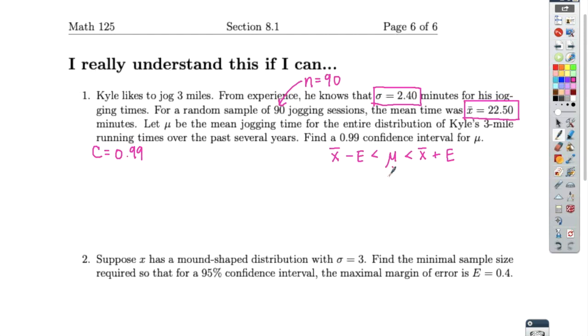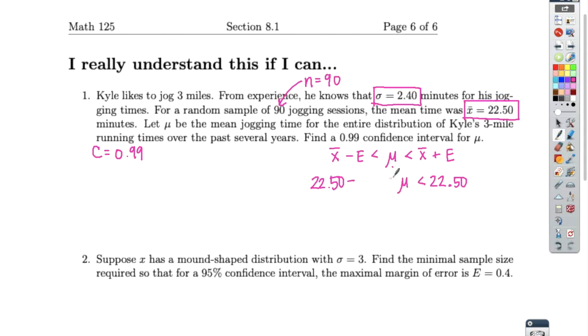Mu stays mu. Mu is going to stay mu in all of our answers. Some of these things are easier than others, like x bar, well, that's just given to us in the problem, 22.50. No work required for that one. On this side also 22.50. There's x bar, so that's done.